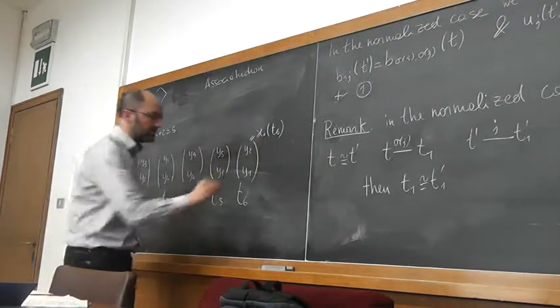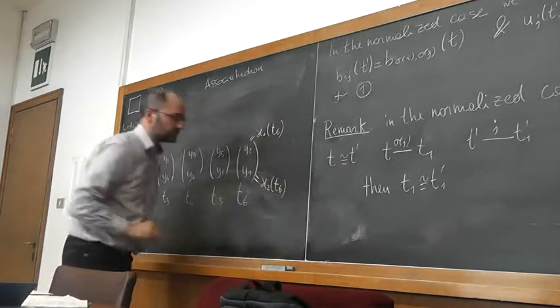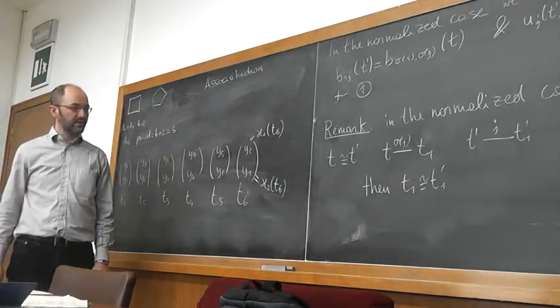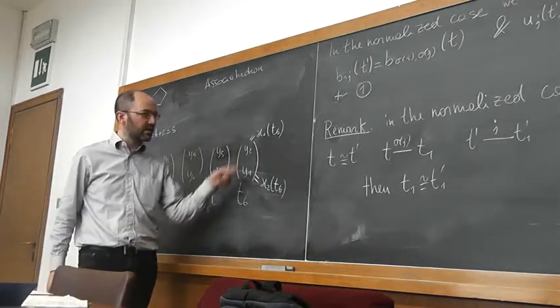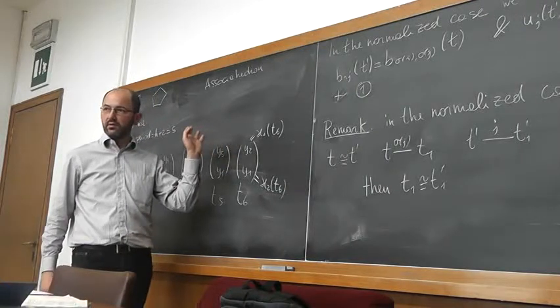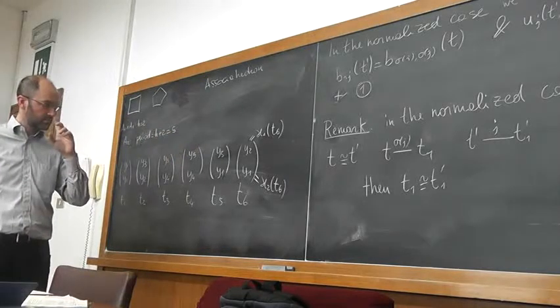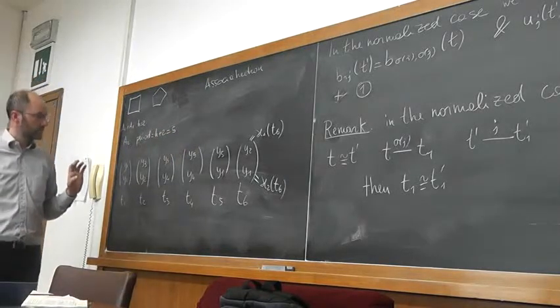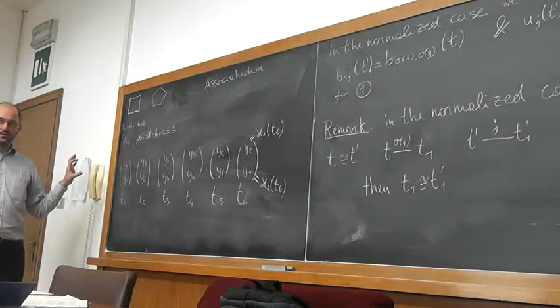The cluster variables of a vertex t were denoted by x1 of t, x2 of t, up to xn of t. I don't understand the correspondence between the y's and the x's.